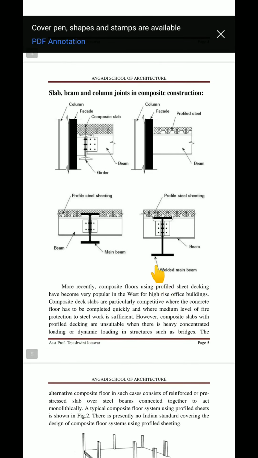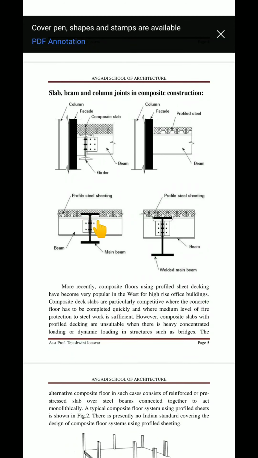One more important part which is to be followed is here: if a girder is to be connected with a beam and the girder is to be inserted inside the column, inside the concrete layer, so that the girder flange is not exposed on the floor because it may get corroded.